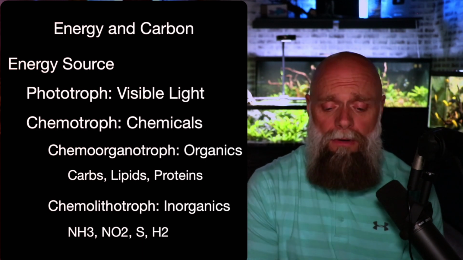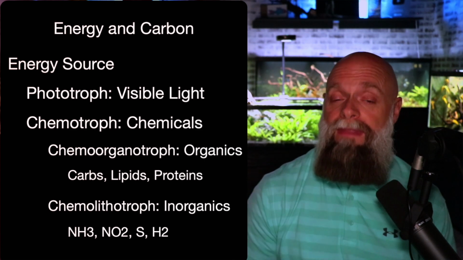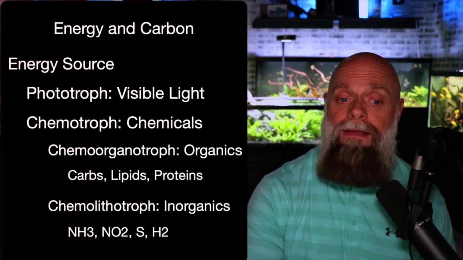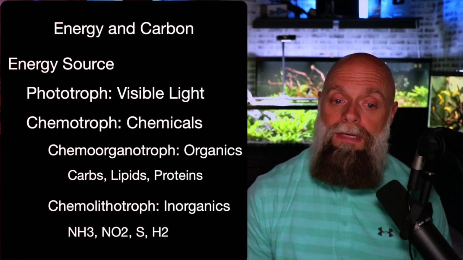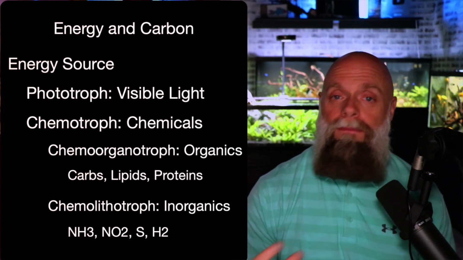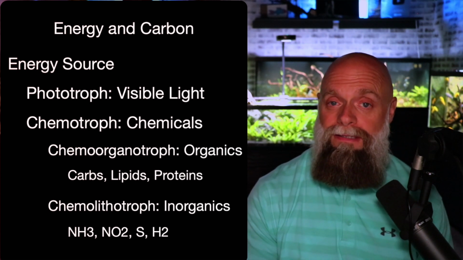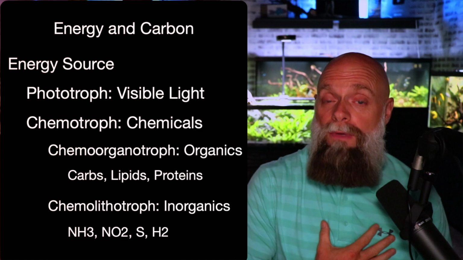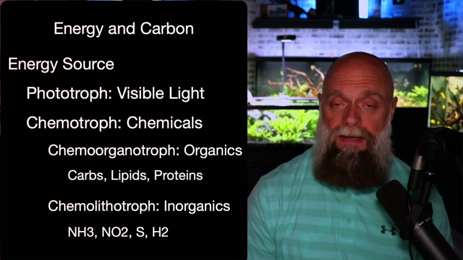Now, if the organism is using chemicals as a source of energy, we have to define what that chemical is. It could be organic, so chemoorganotroph, in which case that microbe or that organism is using carbs, lipids, or proteins for a source of energy. That's us, we human beings. We are chemoorganotrophs. There are microbes that do the same thing.